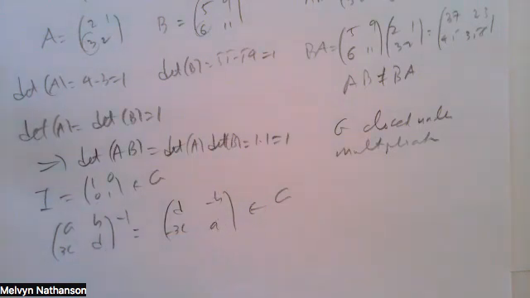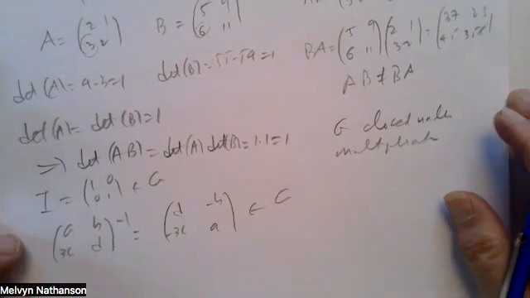So this set of matrices is closed under multiplication and contains the inverse of each element. So it forms a group.